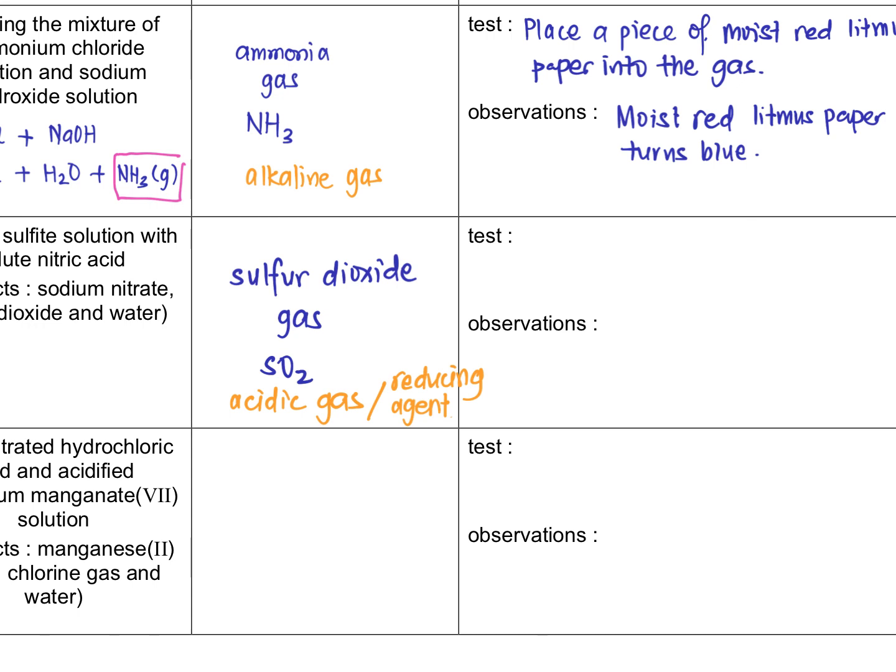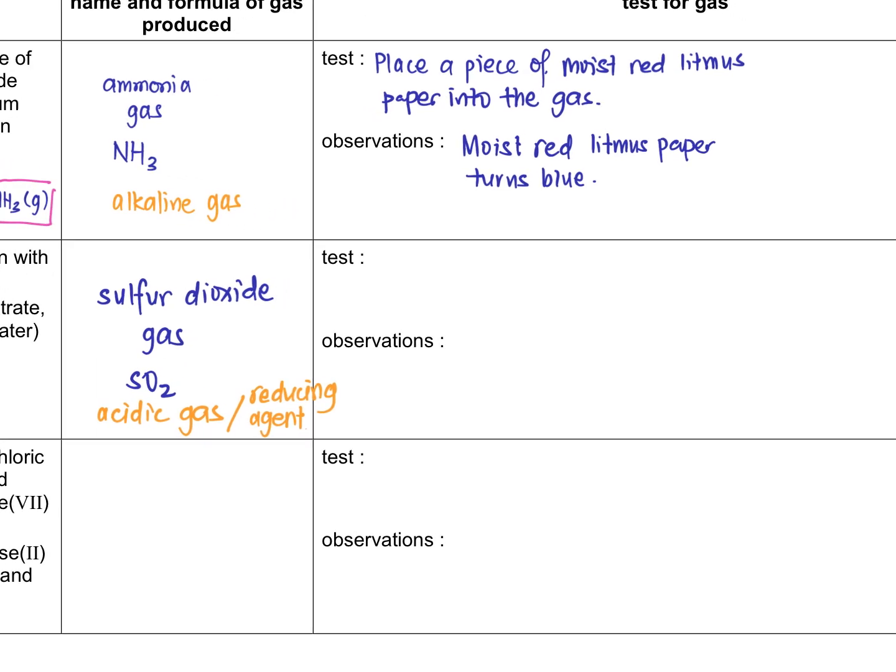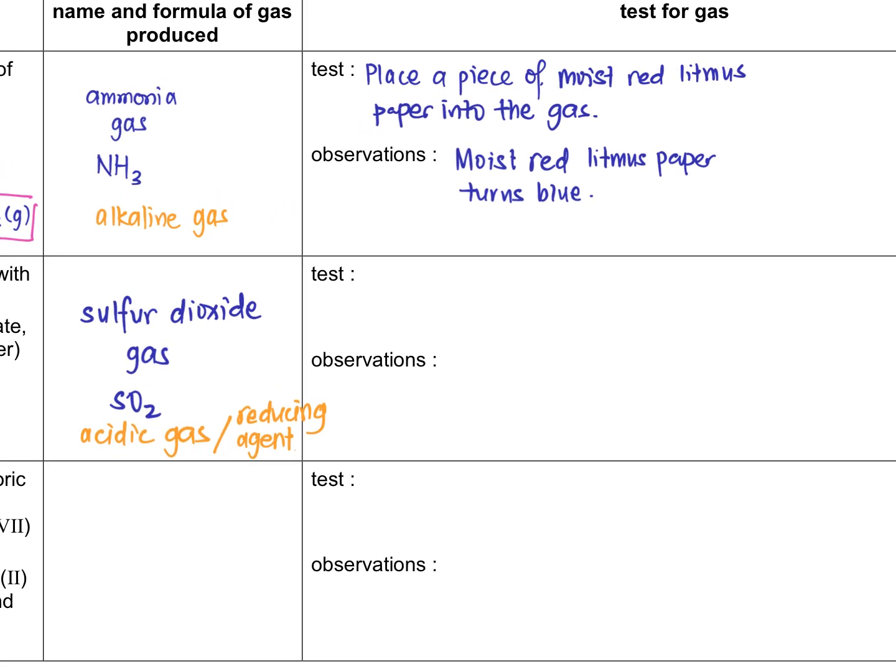Okay, so usually for gases that you are not testing using litmus paper, you tend to bubble it into the test tube that contains another chemical. So for sulfur dioxide gas, very similar to the description for your carbon dioxide gas, you bubble the gas into acidified potassium manganate 7 solution.